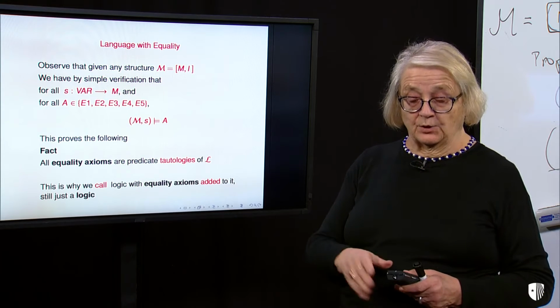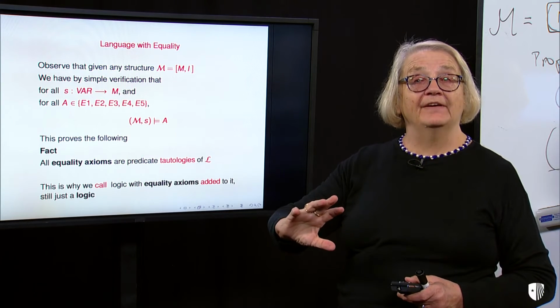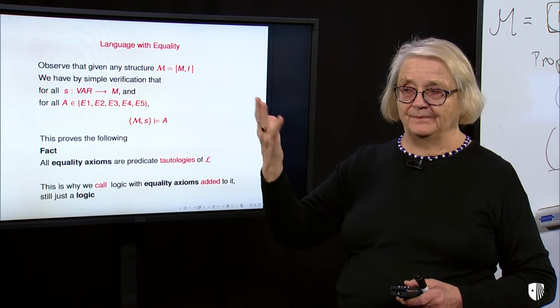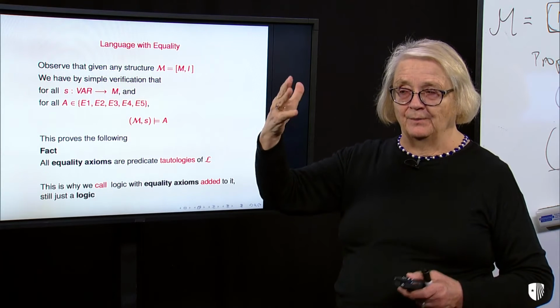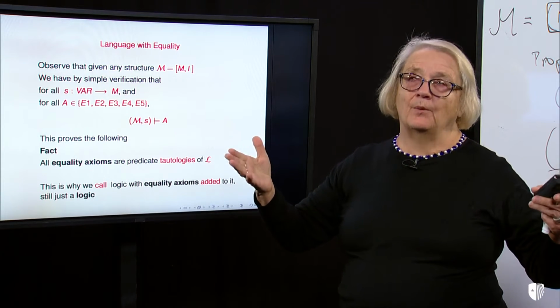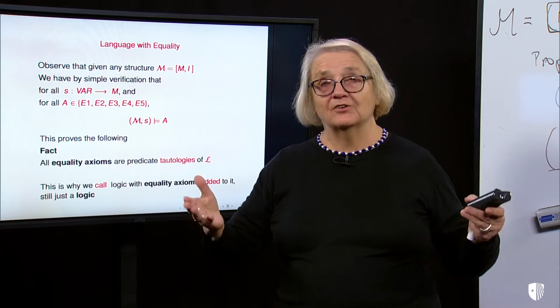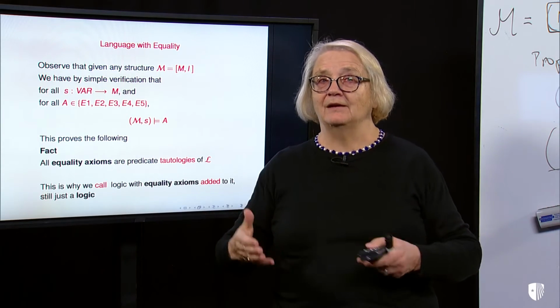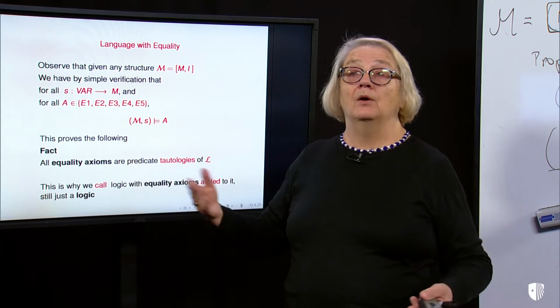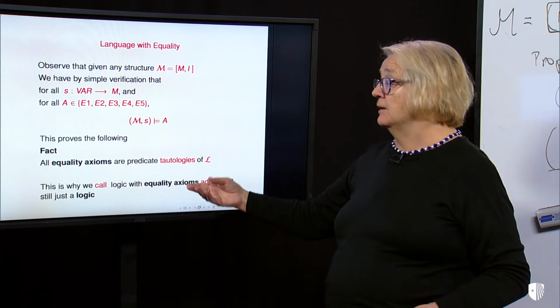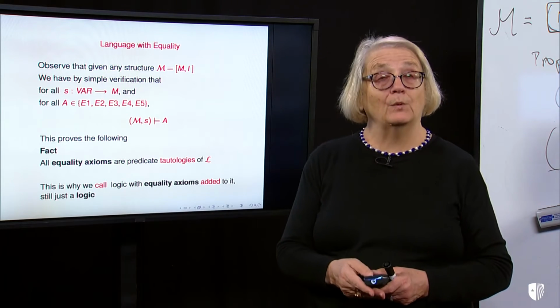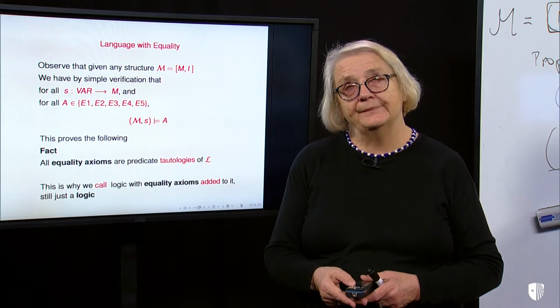By the completeness theorem, a formula is a tautology if and only if it has a proof. So now we just call it a logic, and we can have all those equality axioms, and we will be using them in proofs.